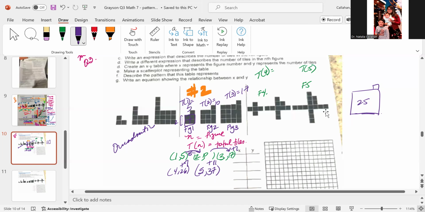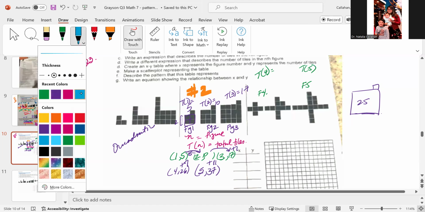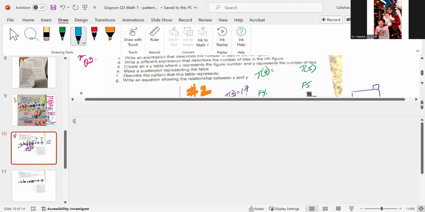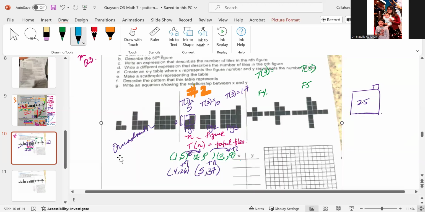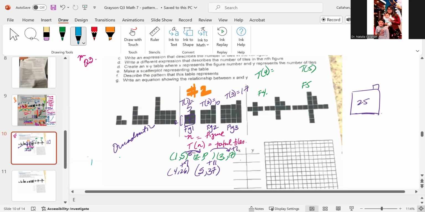So now once you have that, let's put it on the chart. So do you see how it's added by 5? Added by 7, 9, 11.